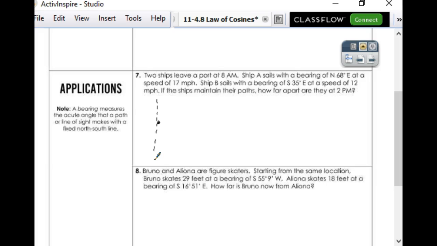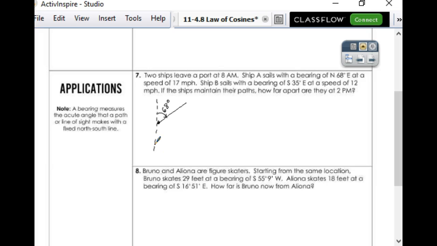Since this is my starting point, this is where I'm going to draw south. Ship A sails with a bearing of north. So this is where it starts. So it's north, and then east is which direction? This way. So this right here is 68. Okay? Now, ship B is going to sail south 35 east. So it still starts here, and then it's 35 east.